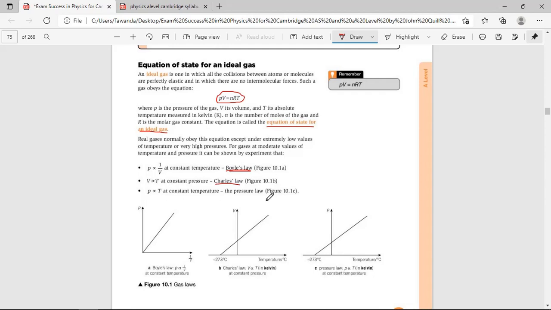Then we also have what we call the pressure law. The pressure law says pressure is proportional to temperature at constant volume. So here we have a constant.